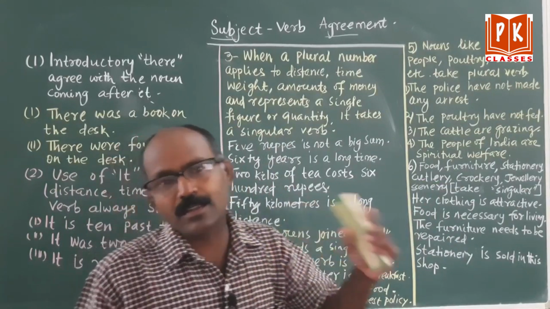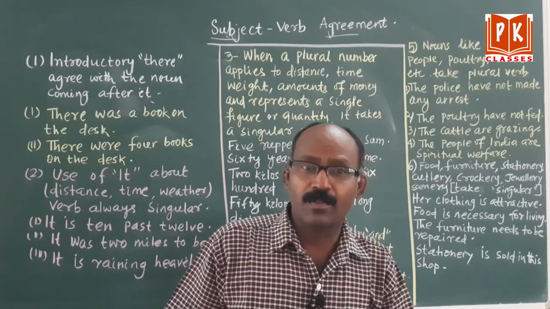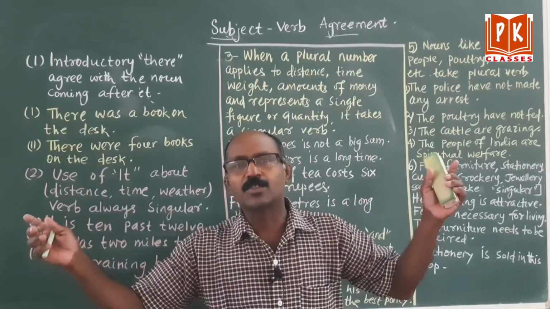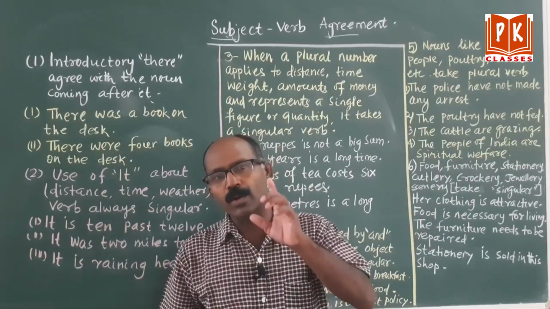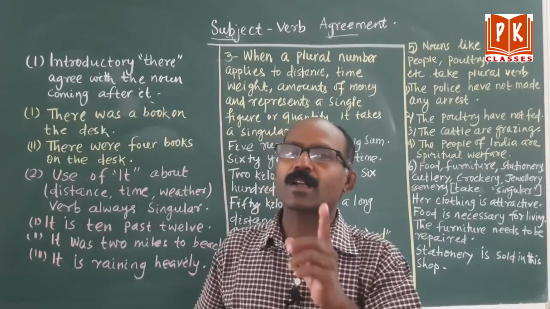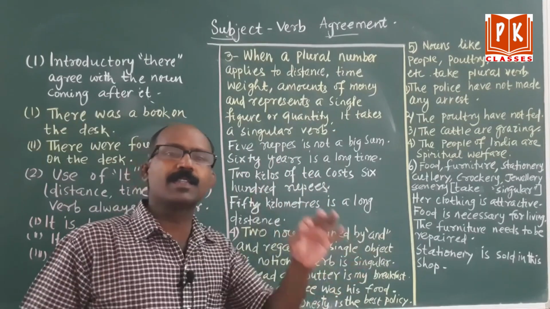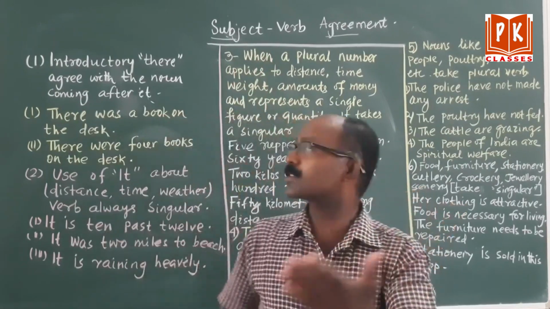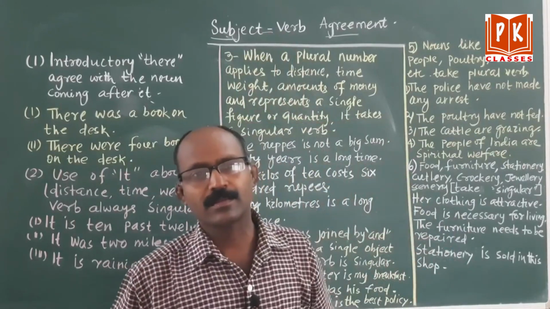If the verb doesn't agree with the subject, then there is no subject-verb agreement. In this part, we will learn how the subject and verb agree. If they agree, that means agreement is there, and then the sentence will be right.